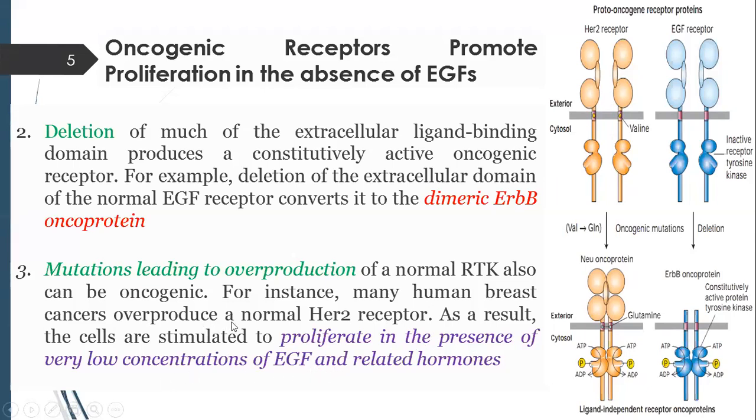That will give rise to cancers as well. Human breast cancer is the type of cancer where normal receptor tyrosine kinases are overexpressed on the cell surface, and they give rise to the proliferation of cells. So cell division occurs there, even though there is a low concentration of ligands.